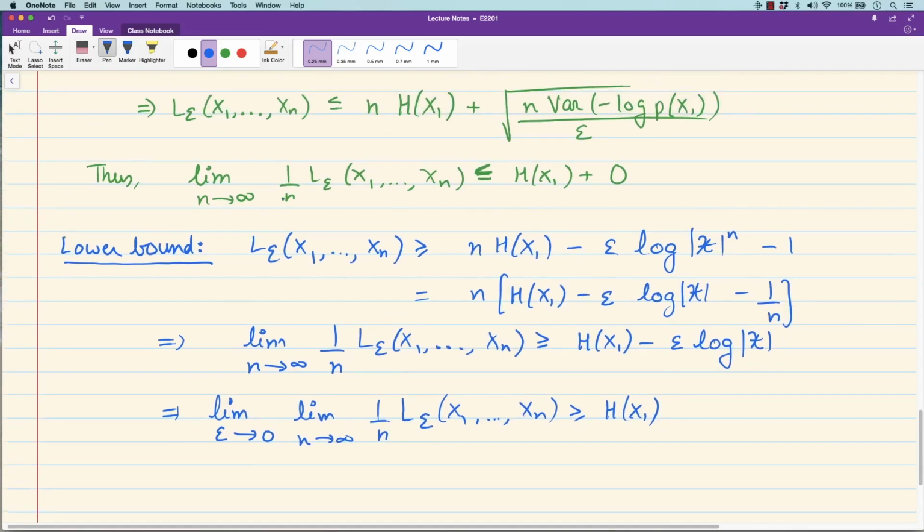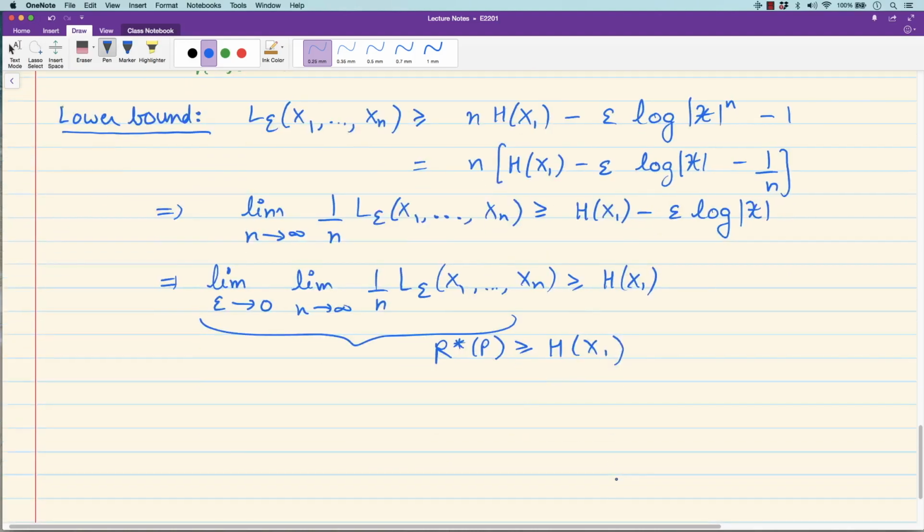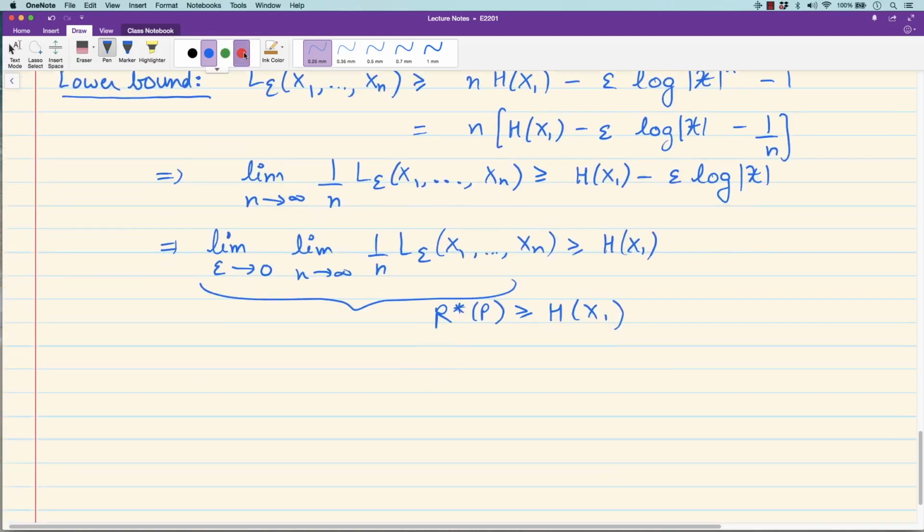Okay, so this bound here implies R star P, the optimal rate, is less than or equal to h of x1. This bound implies that R star P is greater than or equal to h of x1. If it's less than or equal to h of x1 and greater than or equal to h of x1, then it must be equal to h of x1. And this is the main result here.